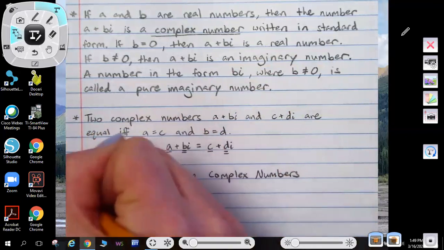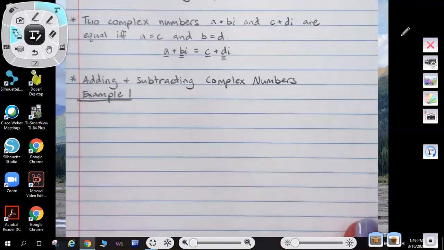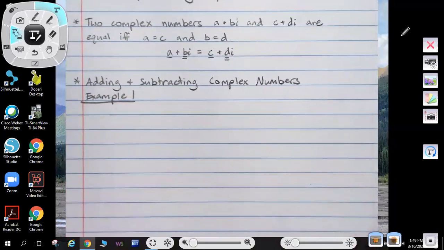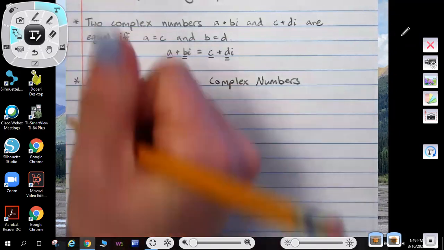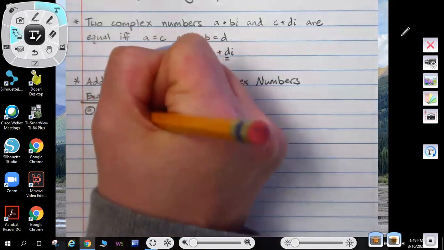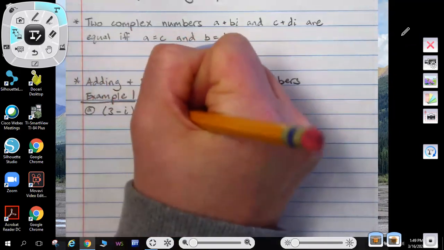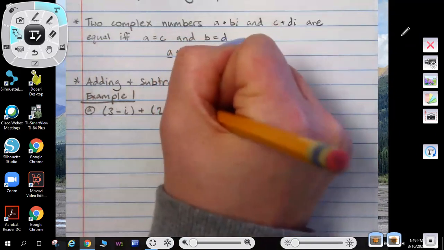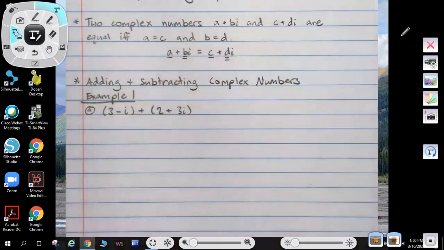So we'll start with example 1, part A. We've got 3 minus i plus 2 plus 3i.